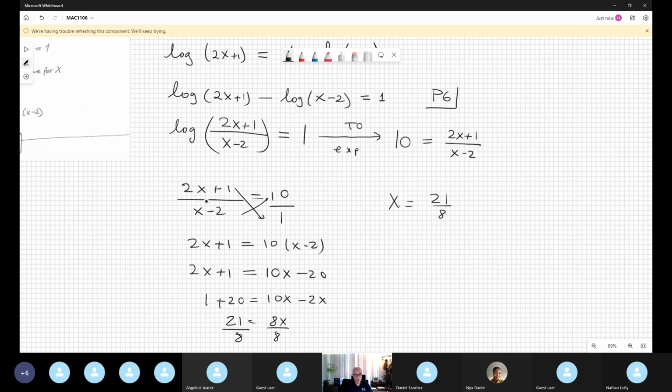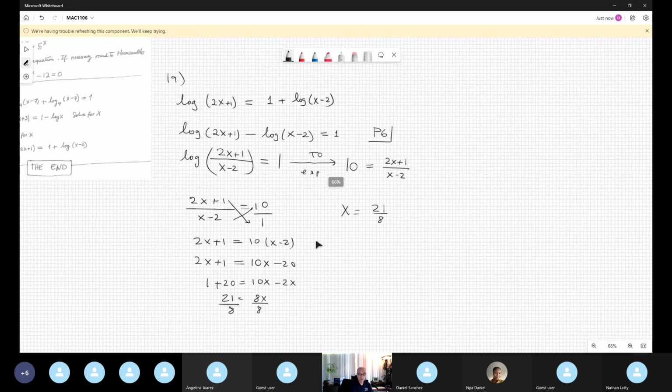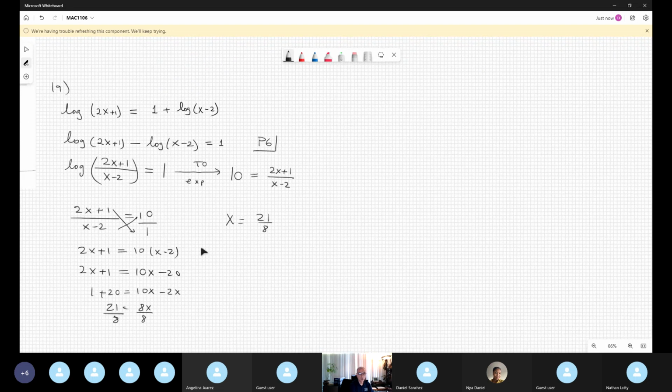Wow, it's weird. I need to verify, but at least it's positive. If it is negative, automatically, I discard. I need to verify this. How do you verify that? Plugging 21 over 8 into the original equation. It's doing logarithm of 2 times 21 over 8.